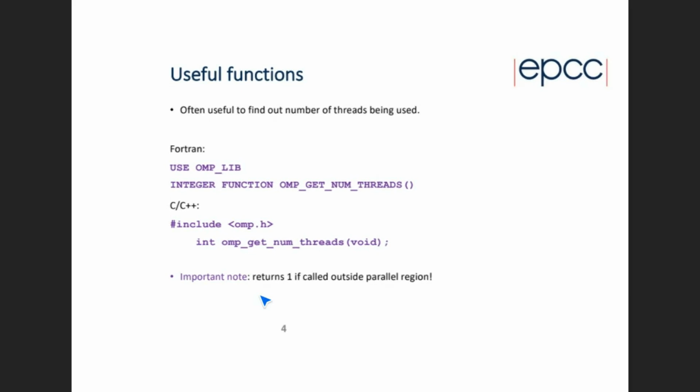The meaning of this function is how many threads are currently executing. It is not how many threads will be used for the next parallel region. There is a way to get that value, but it's not this function.